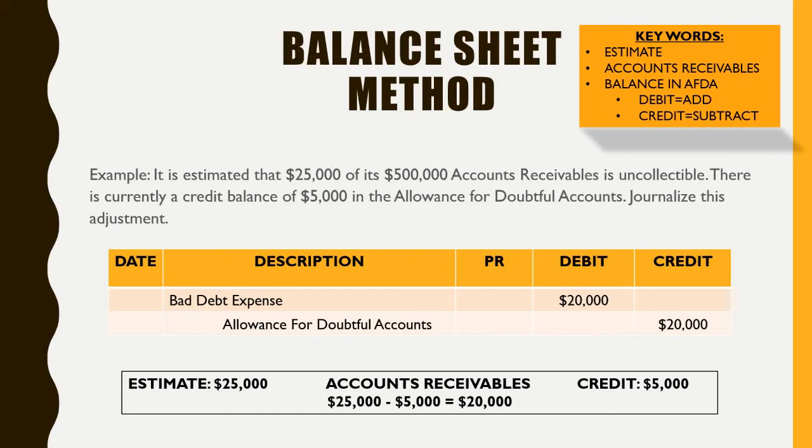Okay, I'm a little lost. So you said on the right side you would subtract, and on the left side you would add. The balance in the AFDA. So on the debit you would add it, on the credit you would subtract it. Correct.